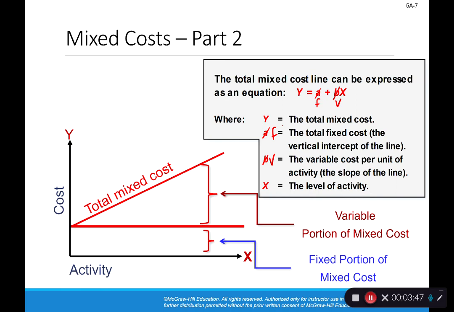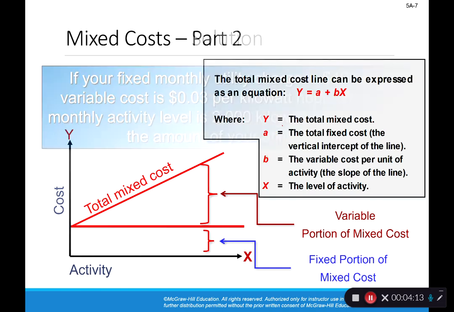So once we figure out what that best fitting line is, we'll be able to distinguish between fixed and variable costs by using this cost equation. So the goal is to figure out what line to use in order to define the equation, and once I define the equation, then I'll know what my fixed costs are and what my variable costs are. That in turn will allow me to use CVP analysis and also allow me to predict my costs at varying levels of activity.